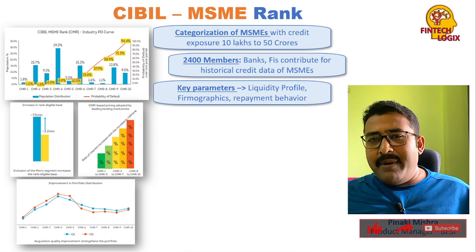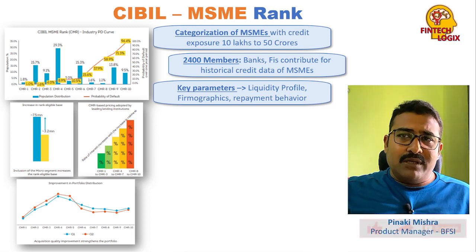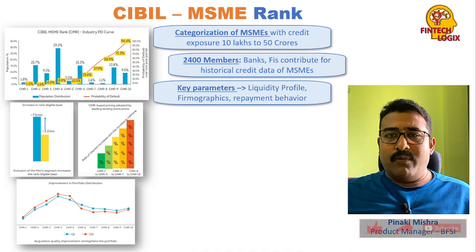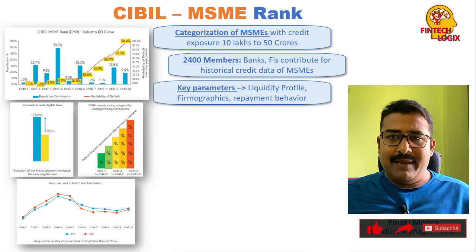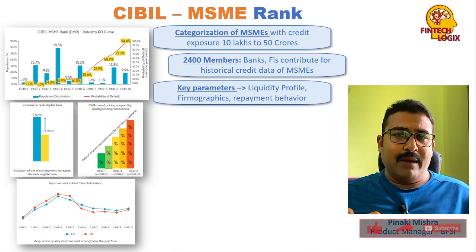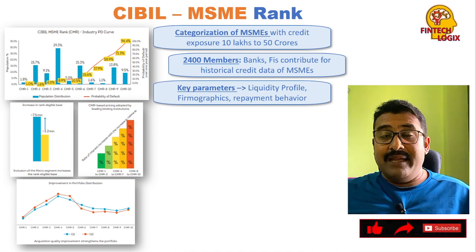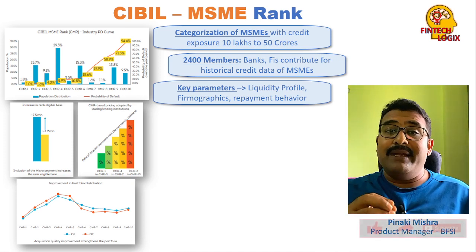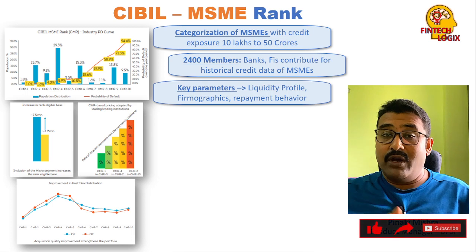What are the key parameters that are taken for this? So we take into account the liquidity profile. How much debt an MSME has, and accordingly how the repayments are happening and what the income pattern of the MSME is. As per that, a liquidity profile can be created. Previously also we had parameters like debt to income coverage ratio and all, right?